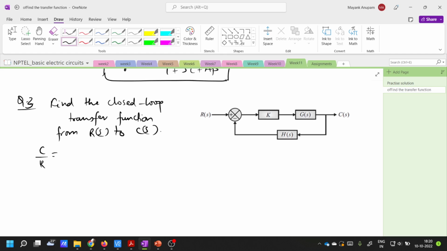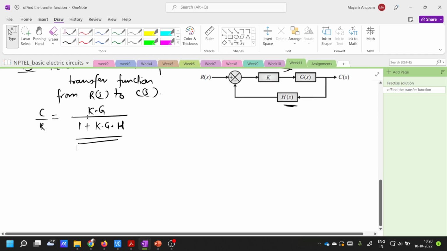C by R will be the forward path gain divided by 1 plus forward path gain into feedback path gain. The forward path gain here is K multiplied by G. So it is K into G divided by 1 plus K into G into H, where H is the feedback path gain. This is the transfer function.